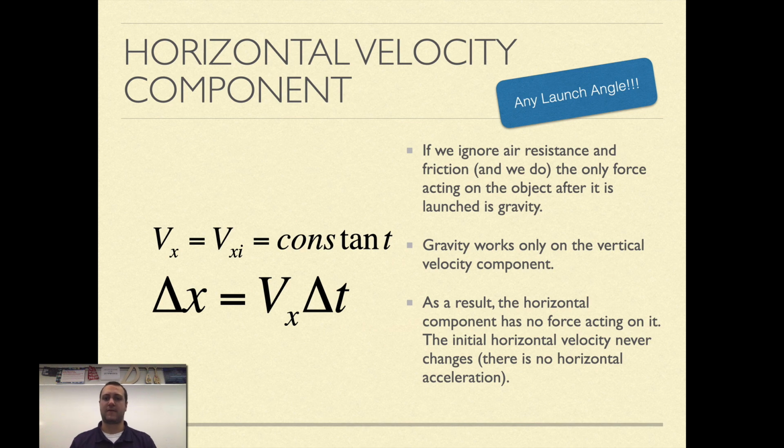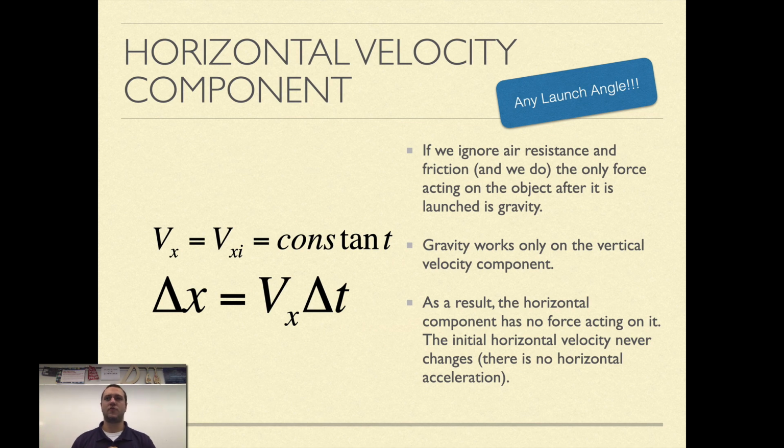So if we have a vertical force causing the object to change its motion vertically, that's where we're going to get the acceleration from. We don't have any horizontal forces acting on the projectile. And that's true on any angle. So because of that, there is no acceleration horizontally, which means our horizontal velocity stays constant.